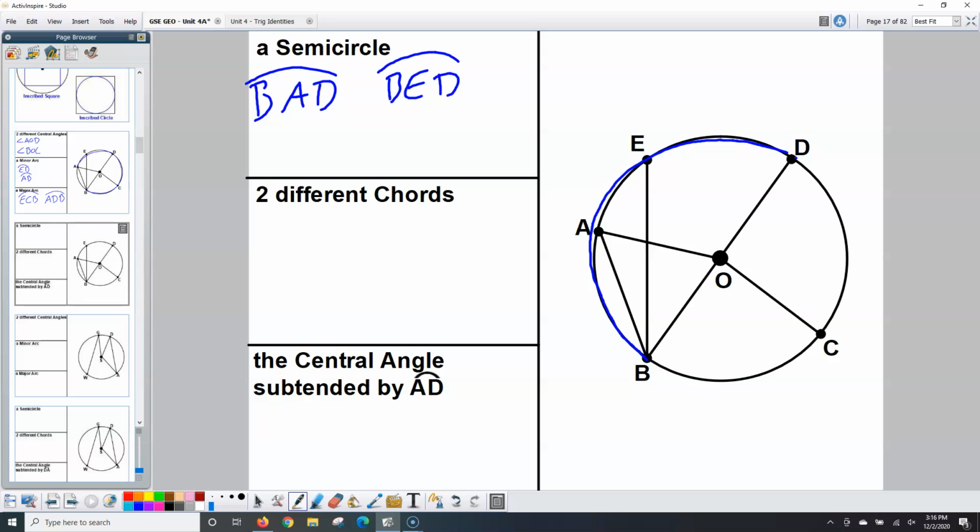I just used E instead of A right there. The reason we use three letters is because it tells us which half we're looking at. If I just said arc BD, and sometimes people write it like that, that tells you it's half the circle, but it doesn't tell you which half. If I say arc BCD, then that tells you I'm looking at this half of the circle.